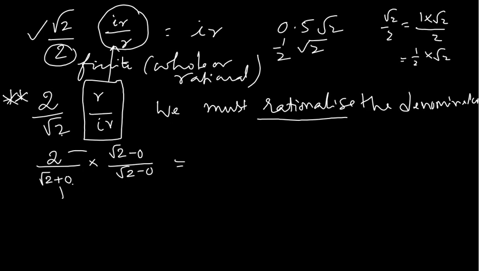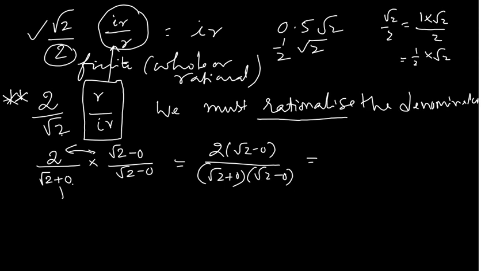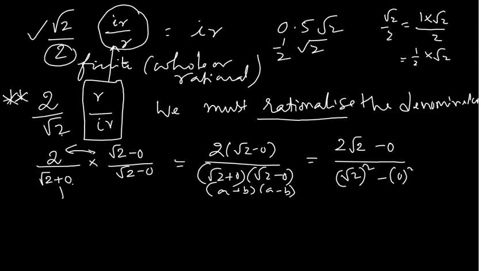I multiply the numerators, which means 2 into root 2 minus 0, divided by root 2 plus 0 into root 2 minus 0. Opening the bracket, you get 2 root 2 minus 0 divided by this. Always in rationalization you will get a plus b into a minus b, which is your favorite formula, right? What's a plus b into a minus b? a square minus b square, so root 2 square minus 0 square.